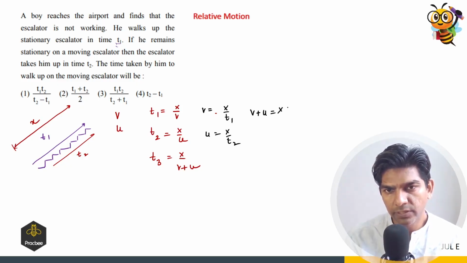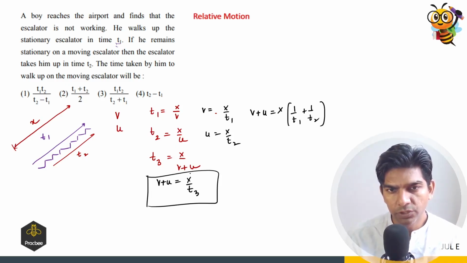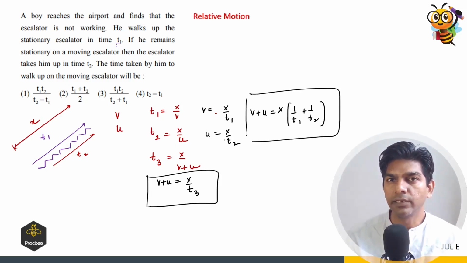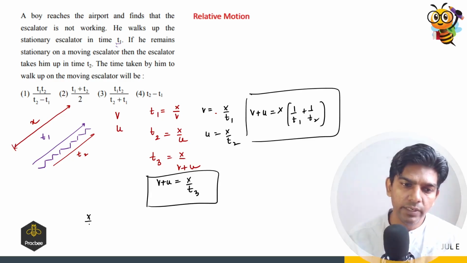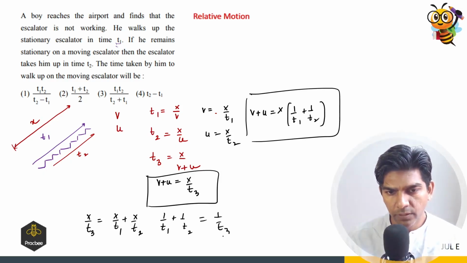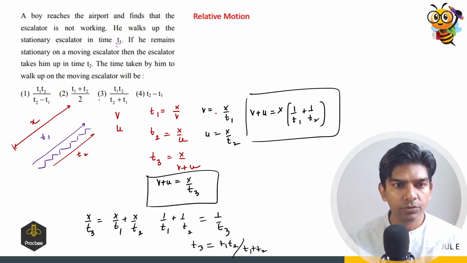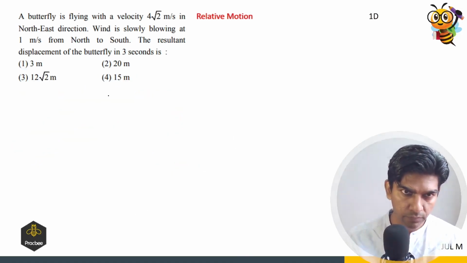So v plus u is x times 1 by t1 plus 1 by t2, and from this v plus u is x by t3. Now from these equations we can find the relation between times. So x by t3 is equal to x by t1 plus x by t2. So 1 by t1 plus 1 by t2 is equal to 1 by t3. So t3 comes out to be t1 t2 divided by t1 plus t2. So option 3 is the right answer.